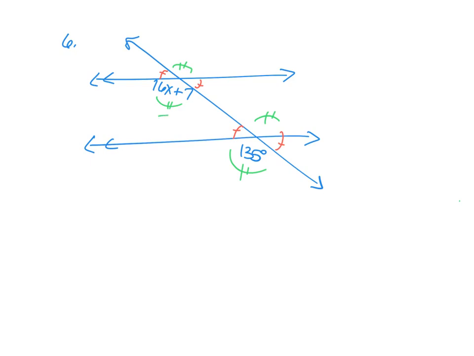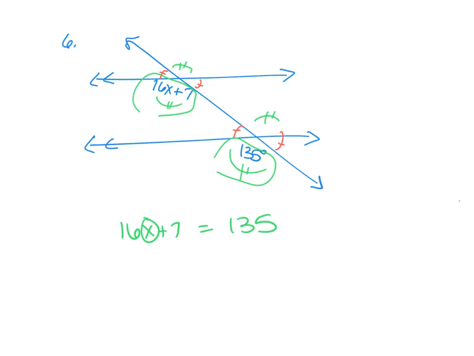then I get that both of these are 2 tick marks. You see it? So that means that they're equal. So 16x plus 7 equals 135. And we have to leave the x alone. They want us to find x, I think, on this one. Let's see. Sometimes they want you to find an angle. Yeah, they want us to find x. Okay.